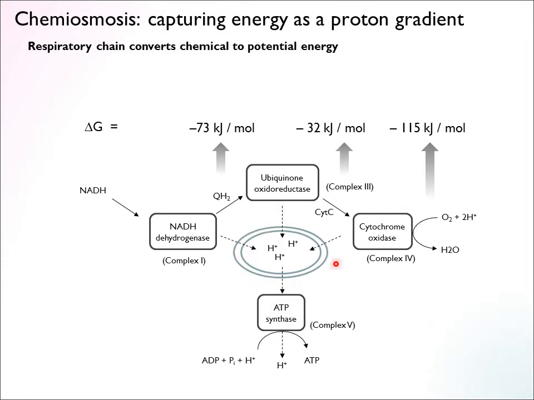And these end up in the intermembrane space of the mitochondria. And so this is a potential energy form. You build up a sort of pressure of protons, and this is used by ATP synthase. So this pressure of protons can kind of act by using ATP synthase as a kind of turbine to extract the energy and drive ATP synthesis that way.